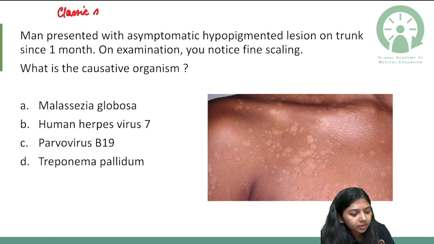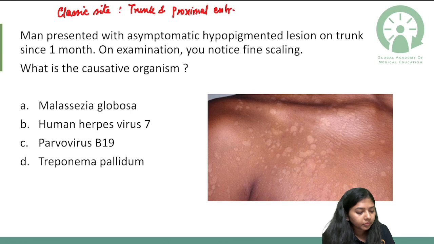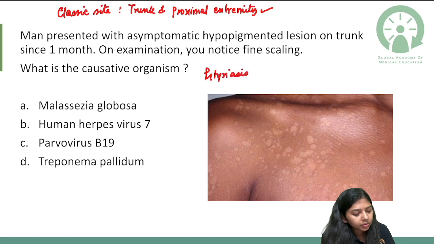Classic site is trunk and proximal extremity. Okay, and this condition is pityriasis versicolor or tinea versicolor.